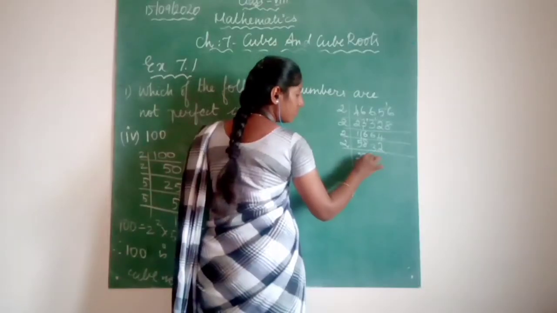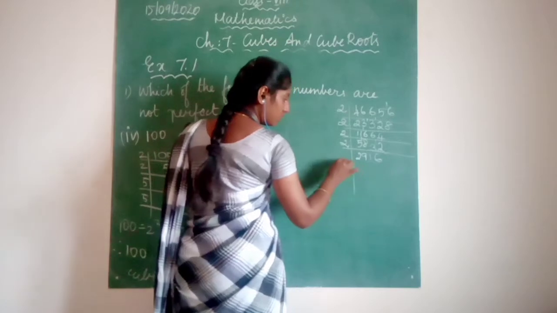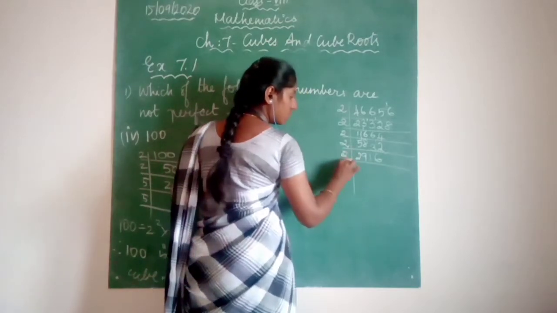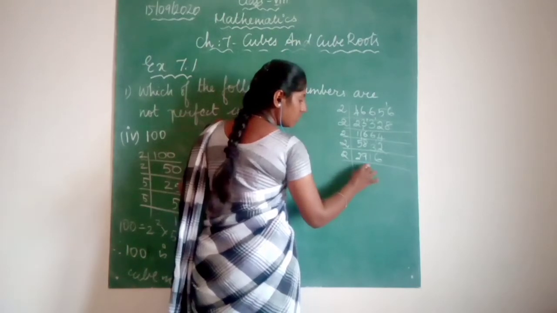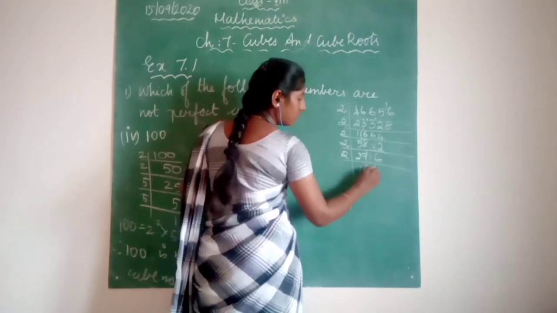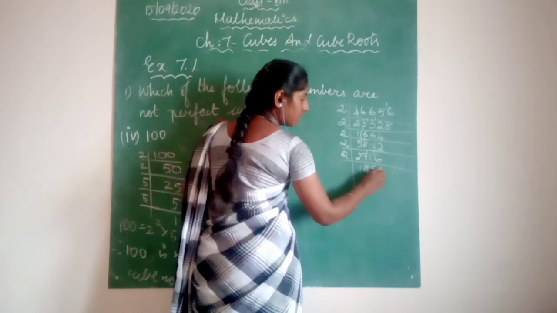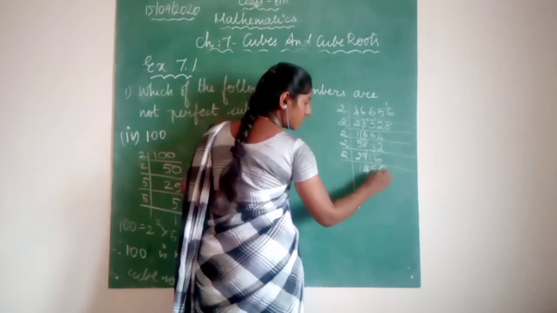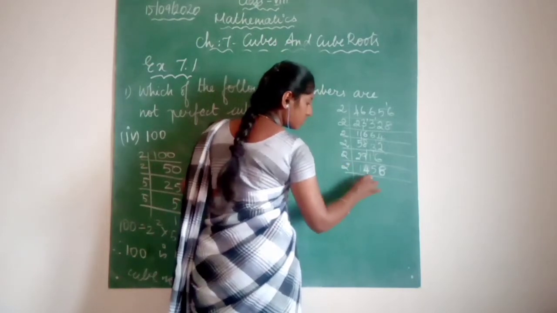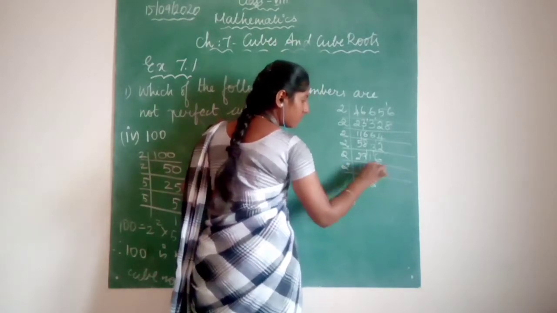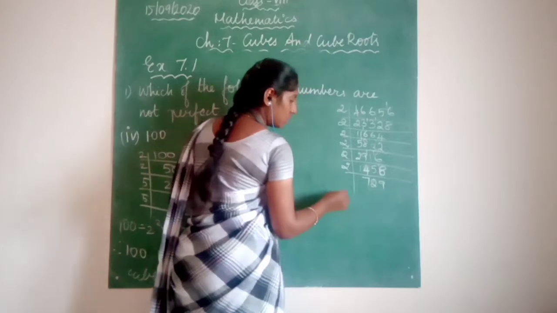Again 2 table, 2 2s are 4, 2 9s are 18, 2 1s are 2, 2 6s are 12. Then 2 1s are 2, 2 4s are 8, 2 5s are 10, 2 8s are 16. Then again 2 table, 2 7s are 14, 2 2s are 4, 2 9s are 18.